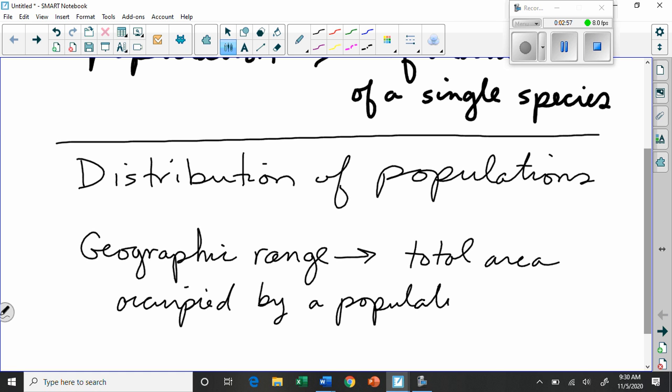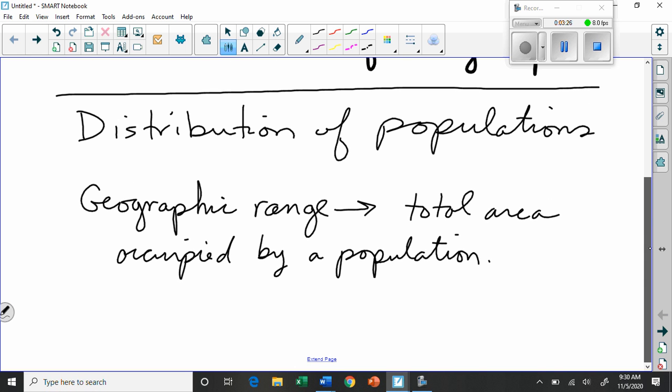And you might think, isn't that pretty straightforward? Well, it is, but if you're studying these things in detail, the total area over which a population is spread might not be the best way to look at it. Because within that area, there might be large portions where the population doesn't live. For instance, a giant rock that's in the area.